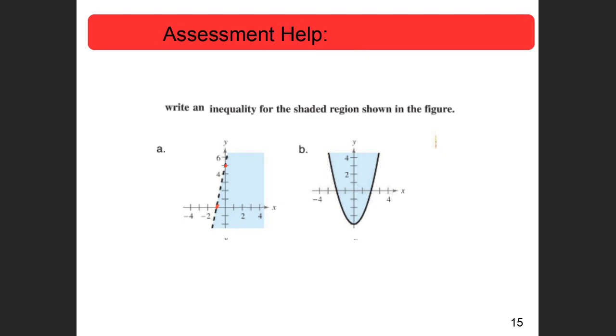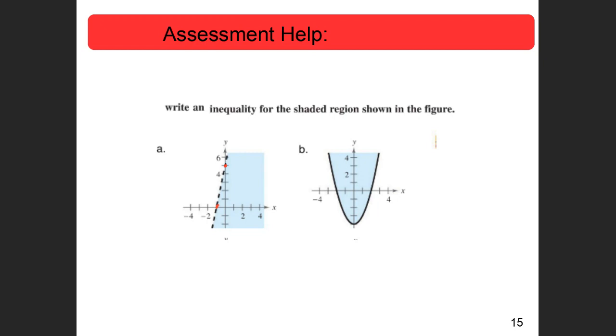And this tests your skill. Can you still write an equation for a linear function? Nobody?